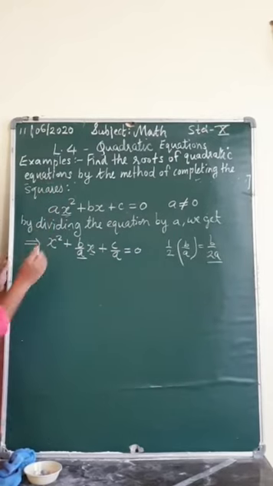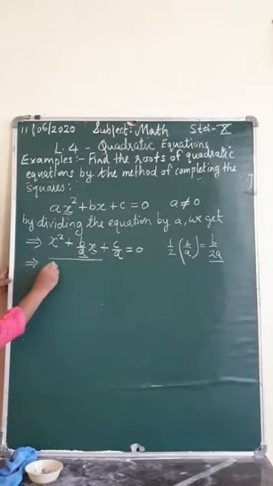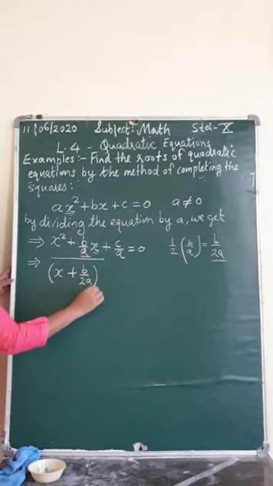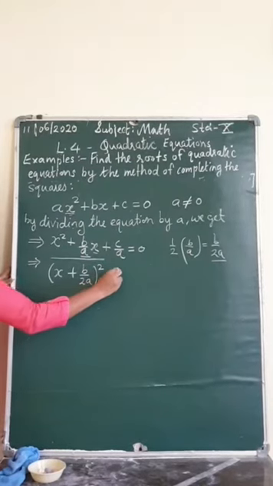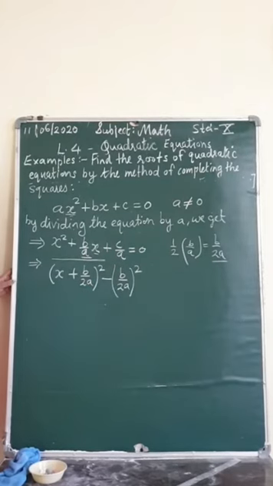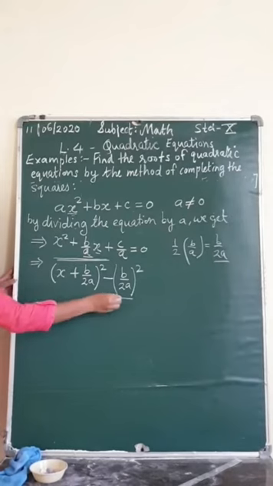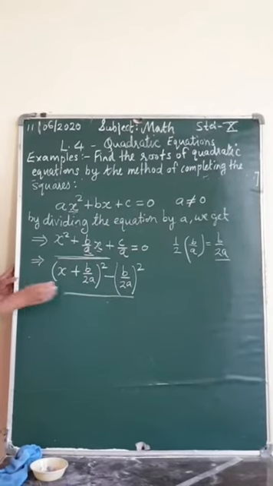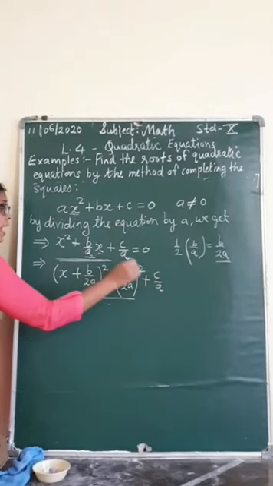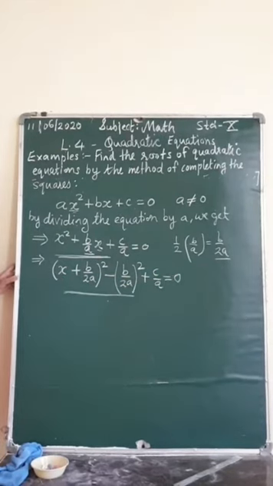Now when we get this term as b upon 2a, we write this expression as x plus b upon 2a whole square minus b upon 2a whole square. So these two terms we are expressing in this form, and plus c upon a as it is, equal to 0.